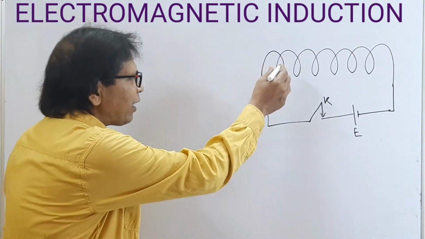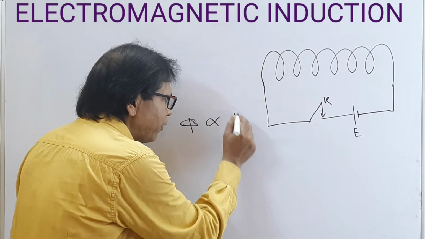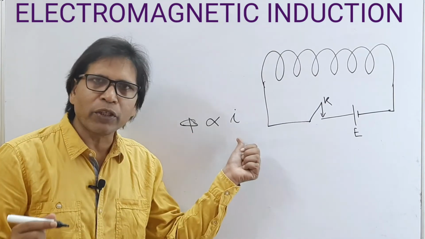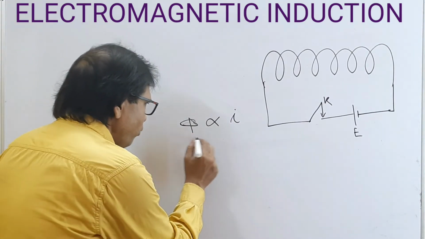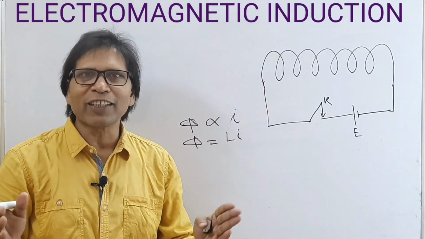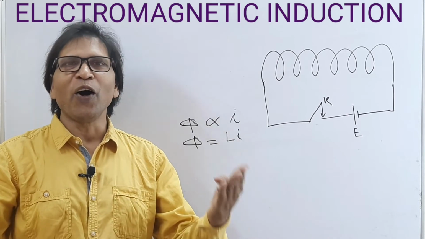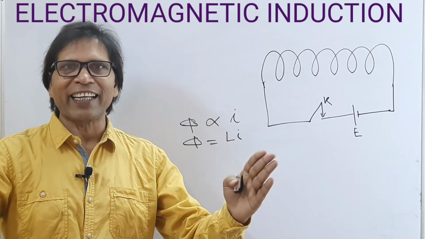Now the flux linked in the coil due to instantaneous current I is phi proportional to I. Therefore phi equal to LI, where L is called coefficient of self induction or self inductance.